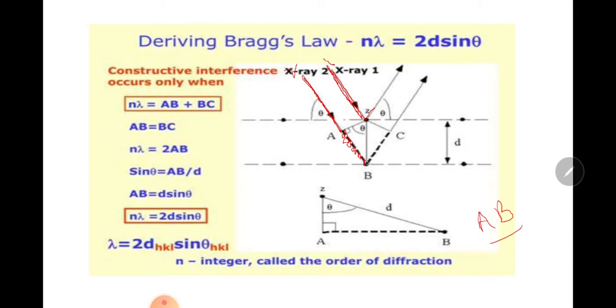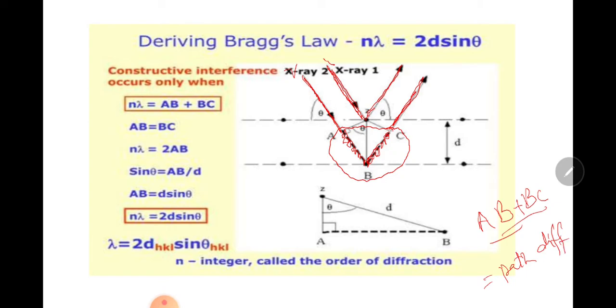Now from here it is reflected, so BC is also added to the path difference. This distance is equal to this distance. So AB plus BC is equal to the path difference.